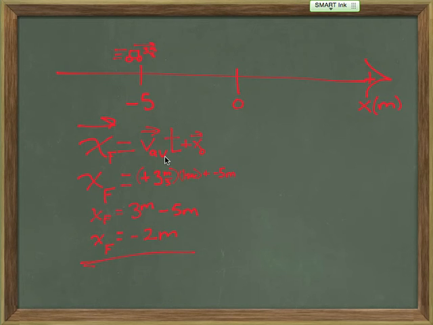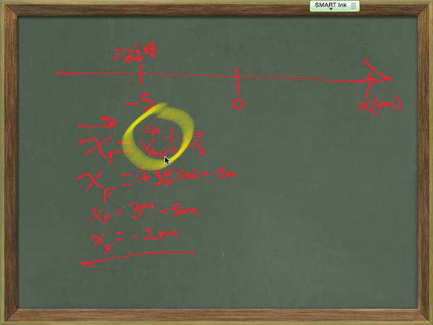Now let me show you how it works out by adding the vectors, okay? So I got a v times t vector. That's this term, right? My average velocity is to the right, yeah? And this is after 1 second, let's say, to make life easy. So I'm solving for the same exact thing. I'm still going to get negative 2 meters for my final position. I'm just going to show you using vectors, okay?